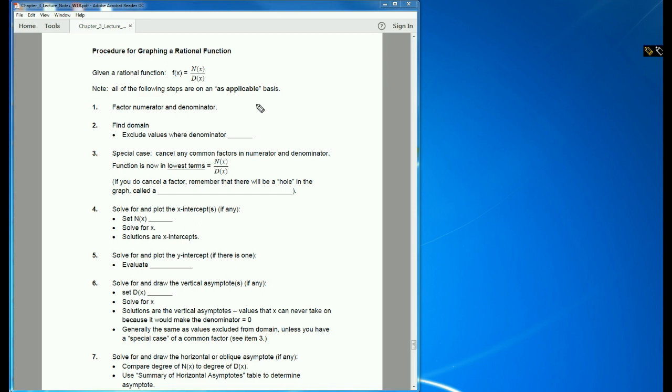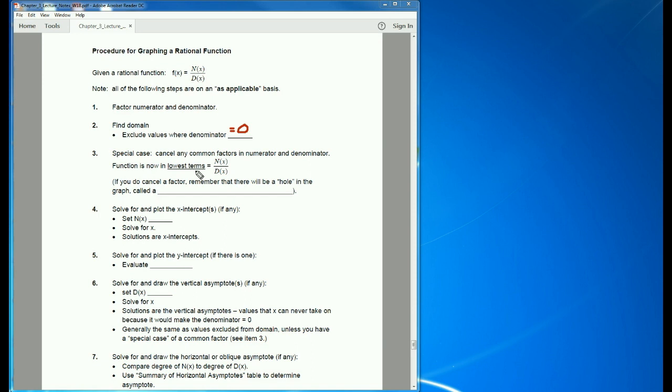All right, so the first thing you want to do, start by factoring the numerator and denominator, if possible. You want to find the domain of the function, and obviously you need to exclude any values from the domain that would make the denominator equal to 0. In one special case, if there are any common factors in the numerator and denominator, go ahead and cancel those to put the function into lowest terms.